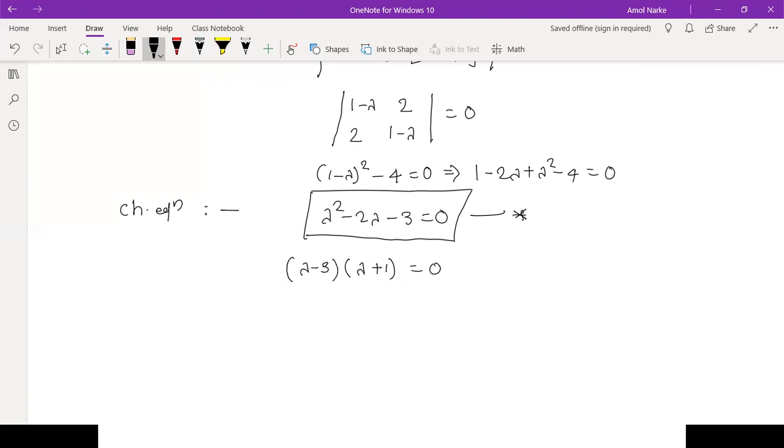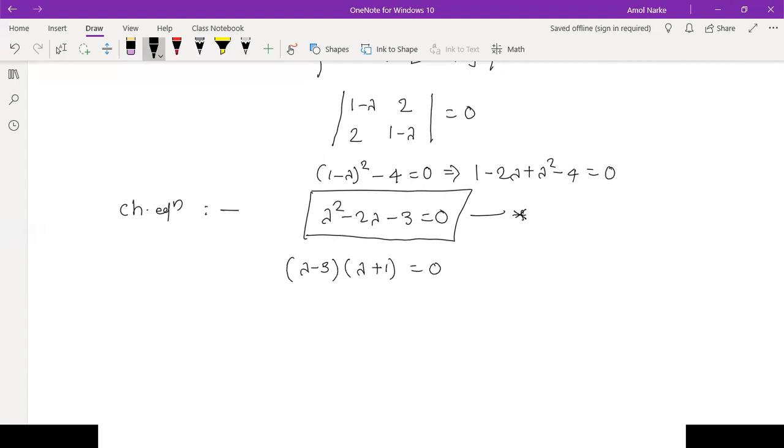Does everyone know how I'm getting this, or can I solve this equation for you? It's simple. You have done this in 10th standard. A quadratic polynomial you can solve.